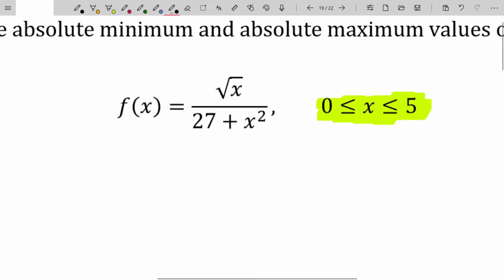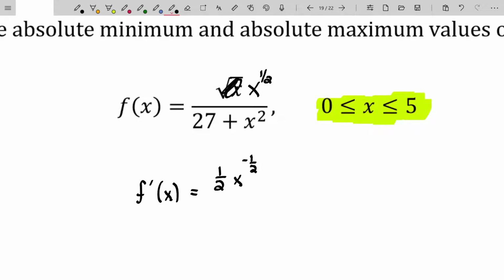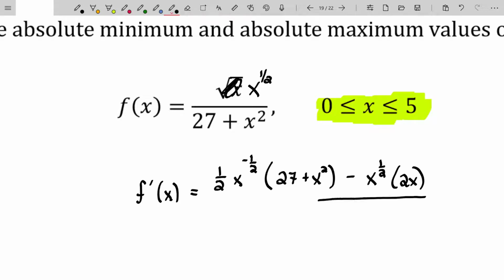Now we're going to take the derivative of that function. Well, f prime of x, it's a quotient, so we're going to use the quotient rule. I'm just going to call this x to the 1/2 because that's what I would prefer. The derivative of the numerator is 1/2 x to the negative 1/2 times the denominator, 27 plus x squared, minus the numerator, x to the positive 1/2 times the derivative of the denominator, all over the square of the denominator, 27 plus x squared squared.